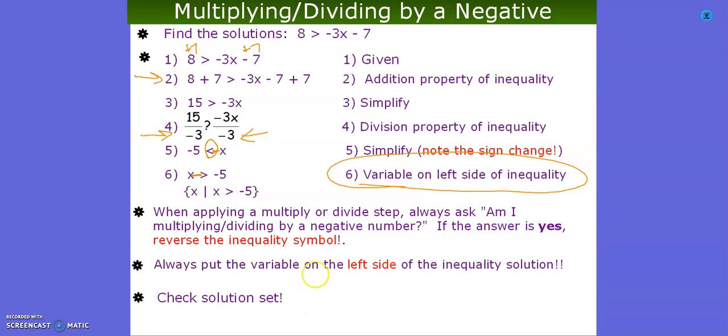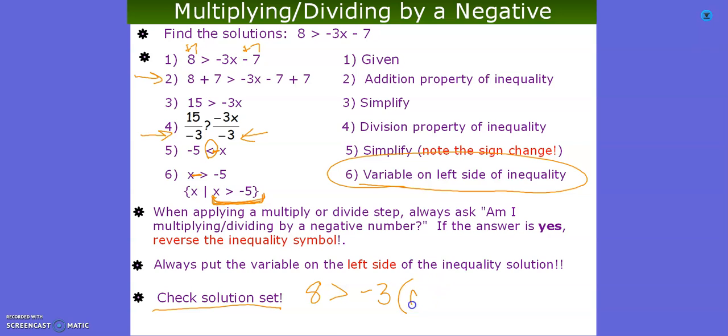In order to check, I need to pick a value that would make this statement true: x is greater than negative 5. When I'm working with inequalities, if I can choose the value 0, I try to use that. So I'm going to pick that one. If I'm going to check my solution set, that means I'm going to pick a number that would be true, and 0 is greater than negative 5. So I'm going to choose 0, and I plug it back into the original inequality statement.